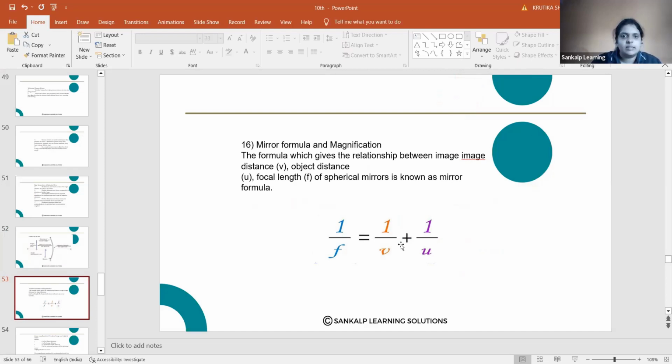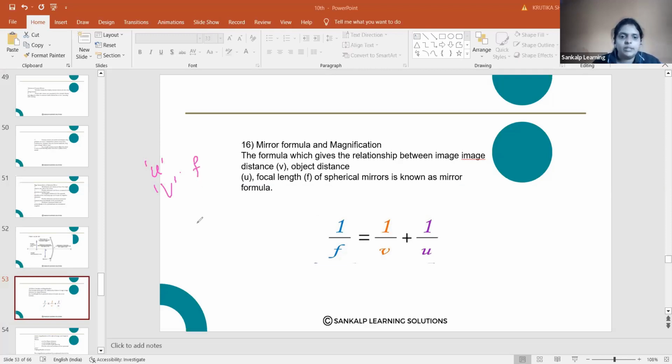The distance between the object and the mirror is called the object distance, u. What is image distance? The distance between the image and the mirror is called the image distance, denoted by the letter v. Then the focal length is taken as f.